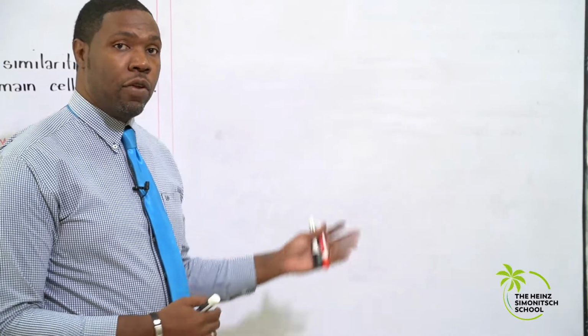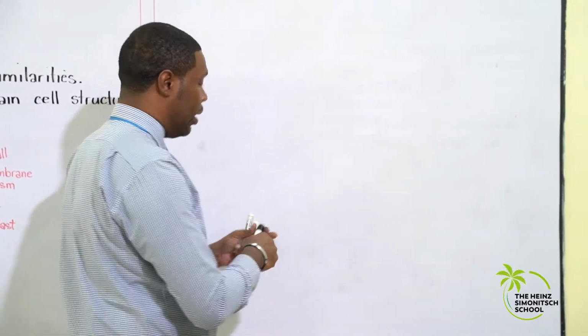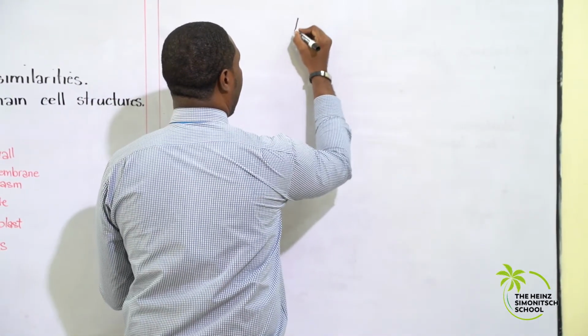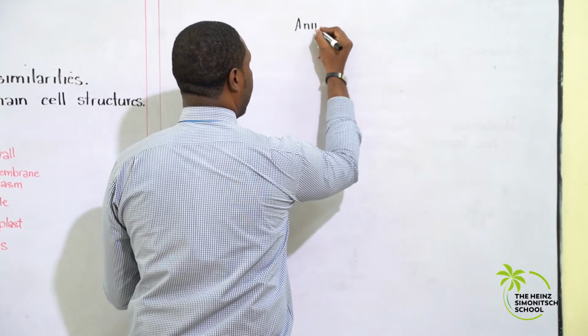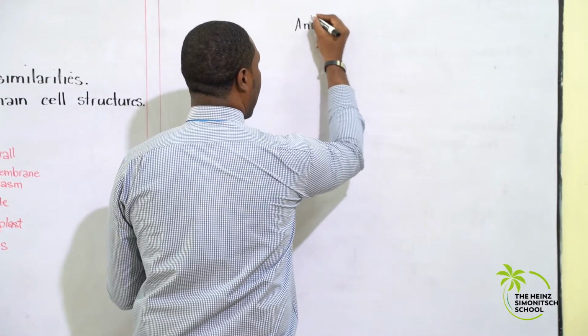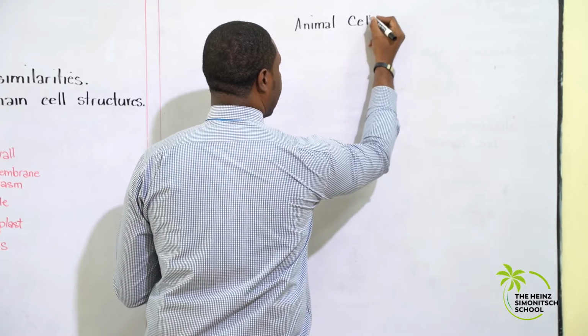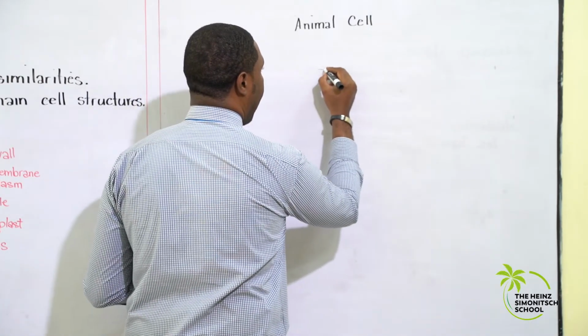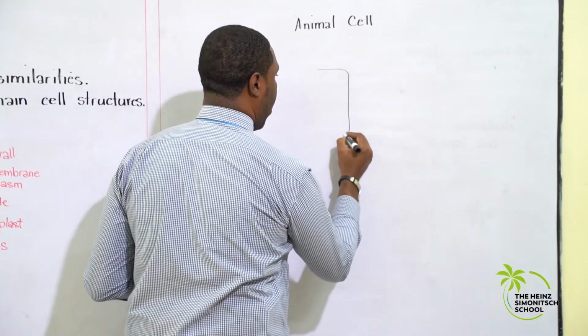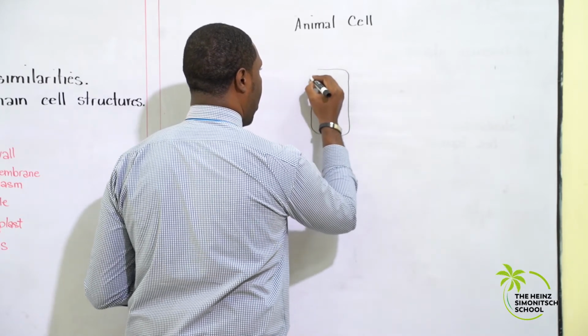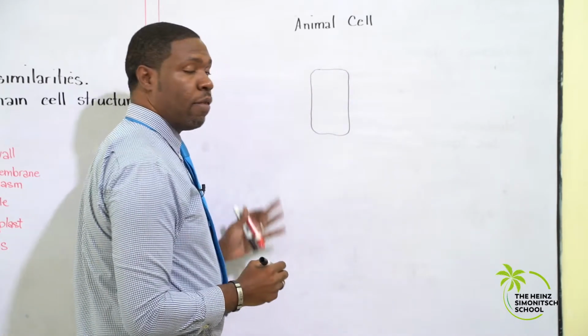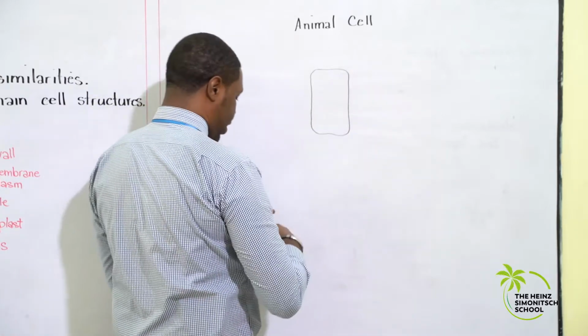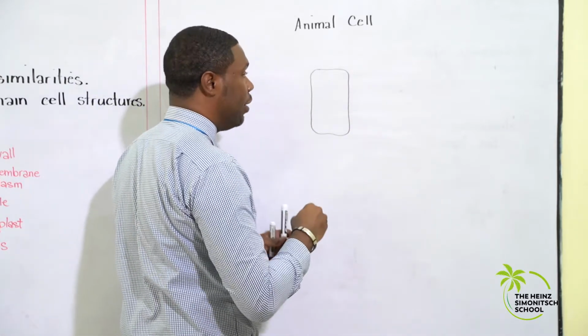So let's start by giving our diagram a title. Animal cell. Now let's begin. Here we have our cell membrane.